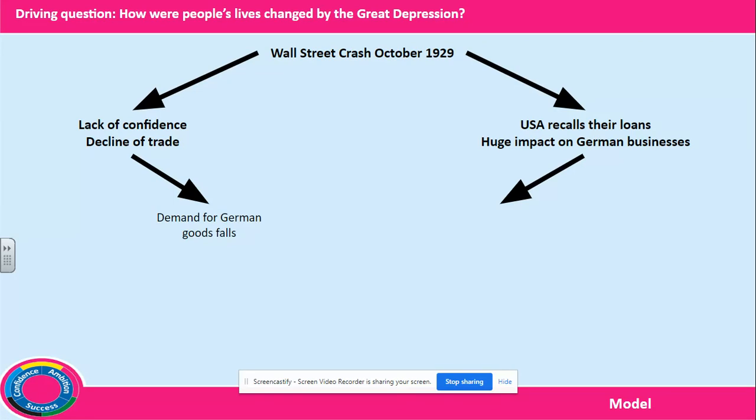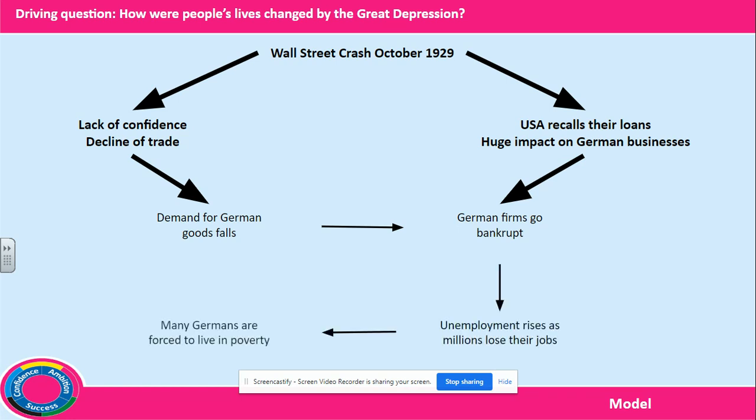As the demand for goods fell and America recalled their loans, German businesses went bankrupt, meaning they went out of business. This led to unemployment, as millions of people lost their jobs. As they lost their jobs, they were forced to live in poverty.